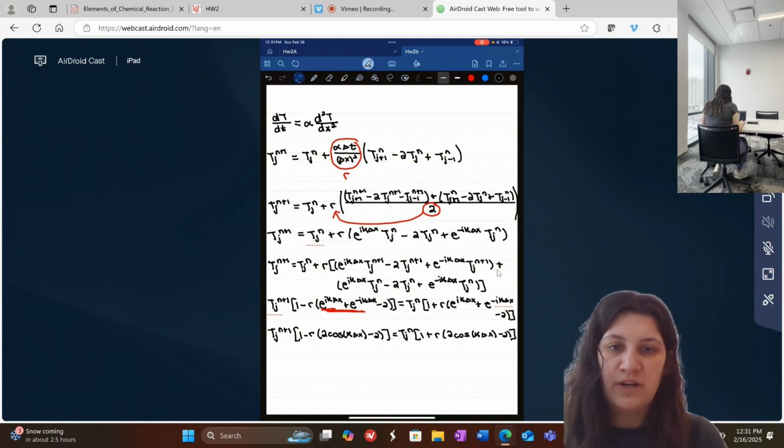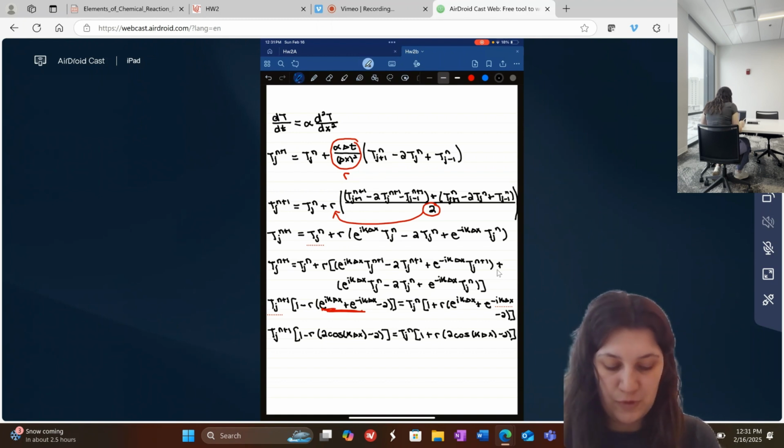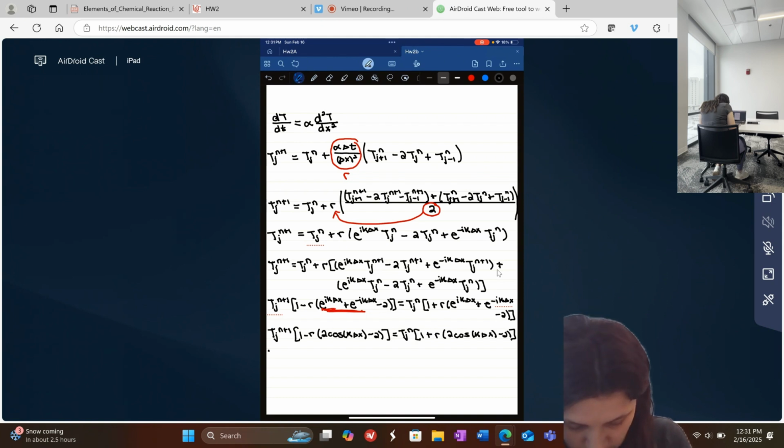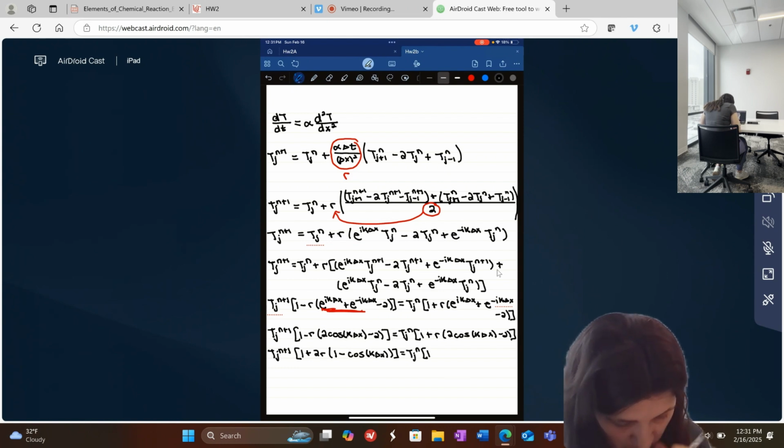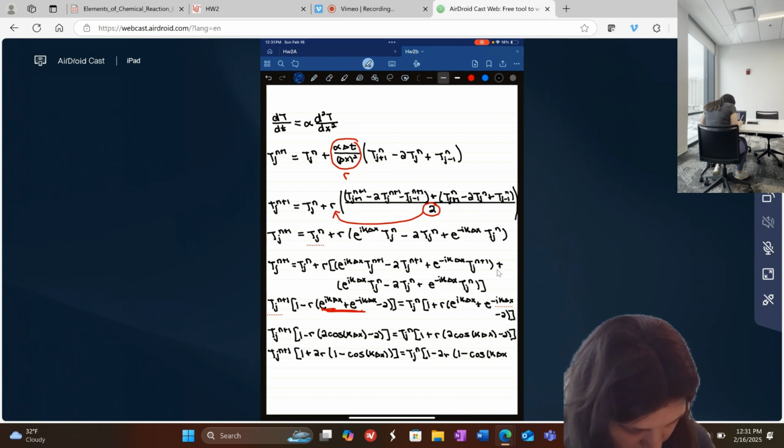Now we're going to factor out a negative 2 from the 2 cosine minus 2 terms, leaving us with Tj n+1 times 1 plus 2r times 1 minus cosine kΔx, is equal to Tj n times 1 minus 2r times 1 minus cosine kΔx.